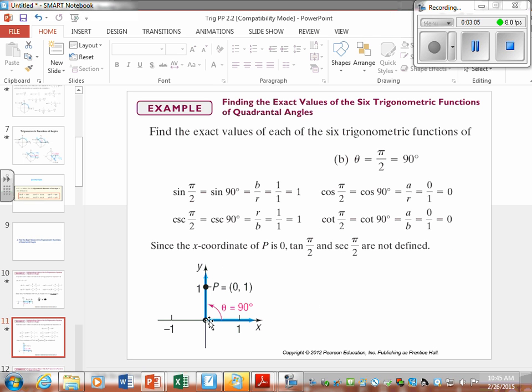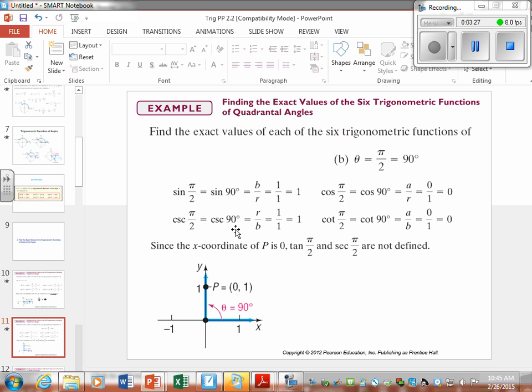So we move along the axis, and now we have our 90-degree angle, which is represented by the ordered pair (0, 1). Sine of 90 is just going to be the y value, which is 1. Cosine of 90 is the x value, which is 0.